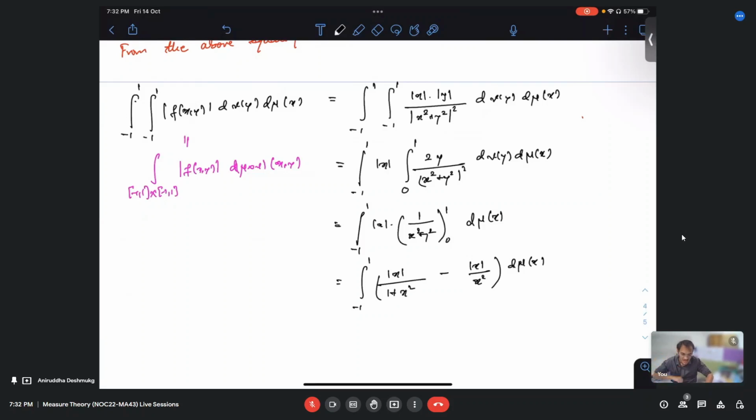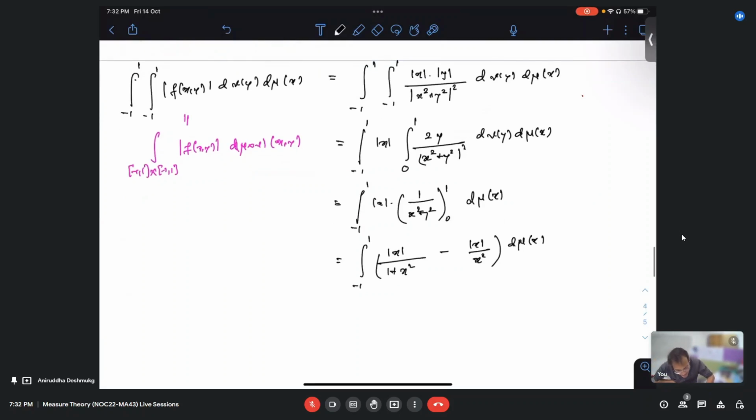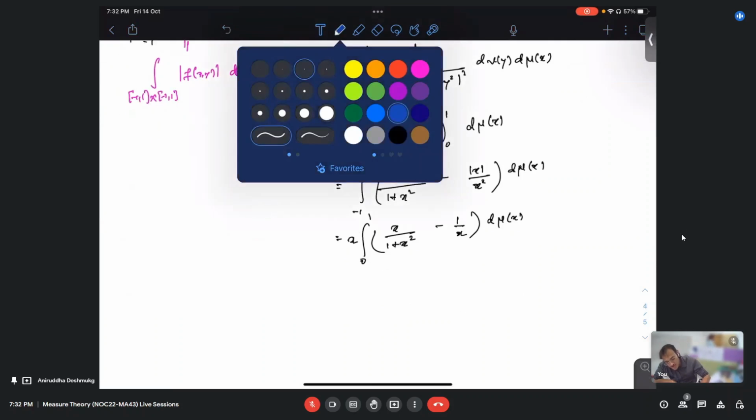So we get this. Again the same thing: mod x over x square, so I can write it as 2 times the integral 0 to 1 of x over 1 plus x square minus x over x square, which is 1 over x, d mu x.